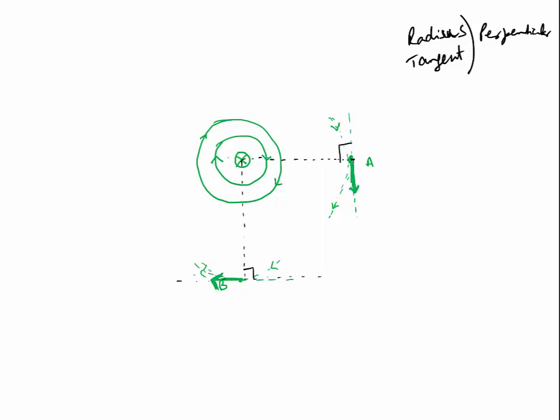Some of you will find this method particularly useful when you have a point that's not horizontal or vertical. So let's say there's a point over here for which I want to figure out the direction of the magnetic field. Once again, you can just connect that point to the center of the wire by a straight line that would form the radius. And then you want to find a line that's perpendicular to it.